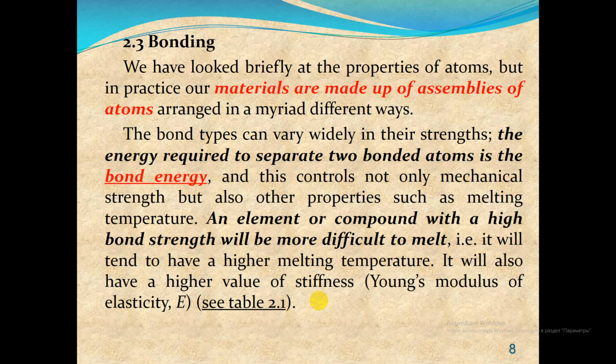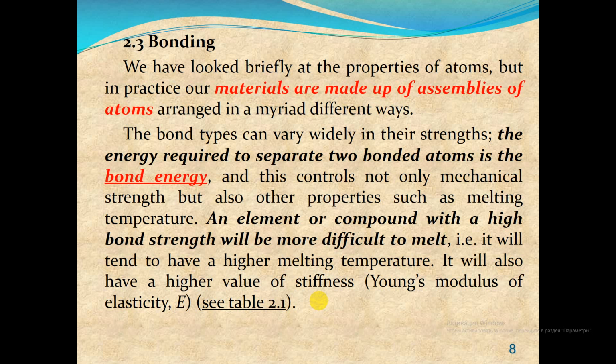We shall see that it's the outer electronic structure of the atoms that is responsible for the bonding, and not the nuclear cores. We shall also see that it's the qualities of these bonds that determine the properties of our materials. By properties, we mean principally the mechanical, thermal, and electrical properties of material.